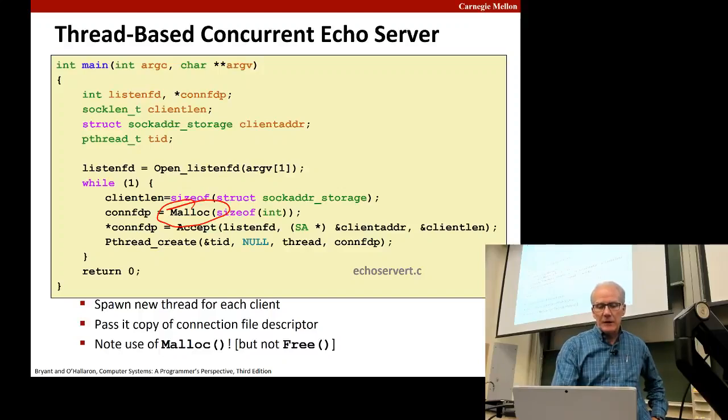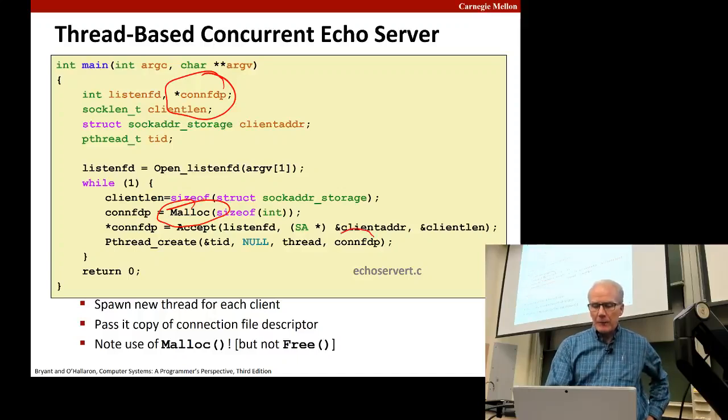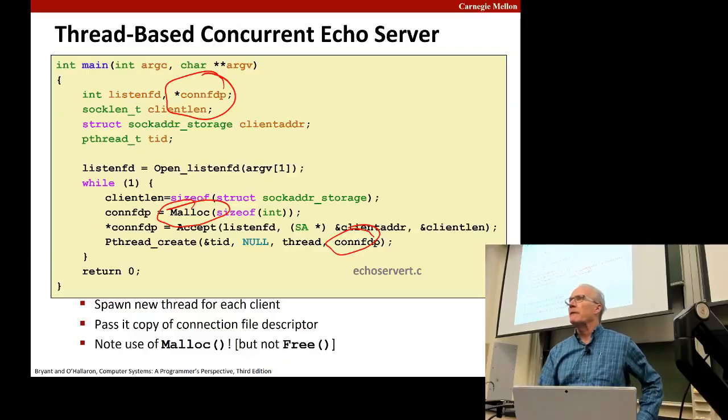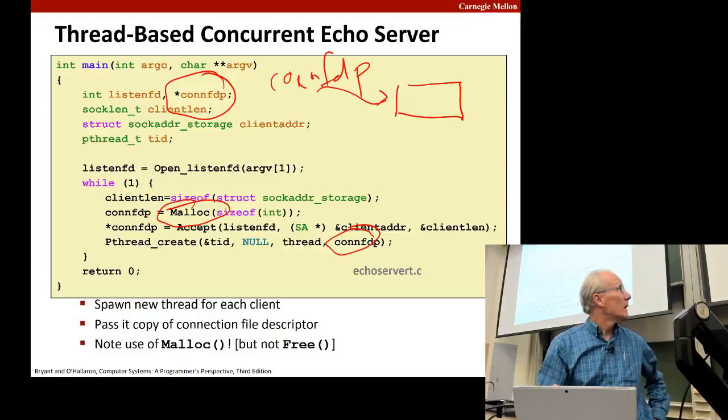So confdp, its data type is here. It's a pointer to an int, not just an int. Okay? And then that's the argument I'll pass to the thread routine. Remember, the thread gets a void star pointed to, and I'll just pass the pointer to this. So basically, I've created this little block of storage that confdp points to, in which the actual connection file descriptor will be.